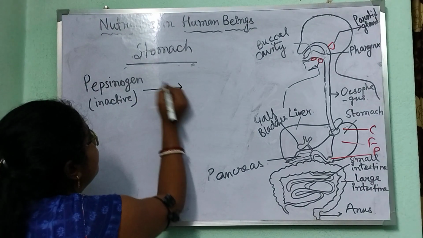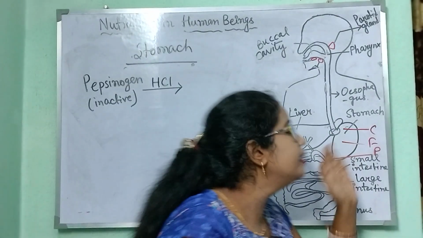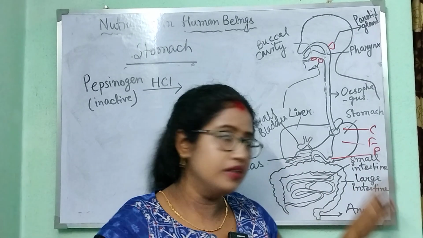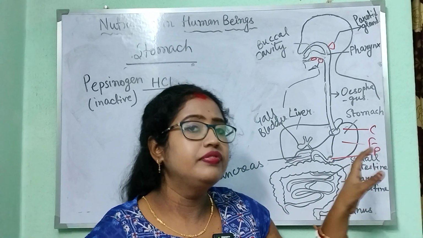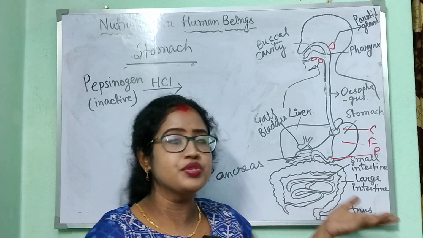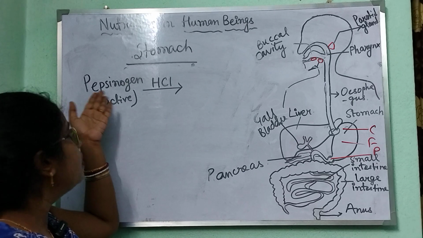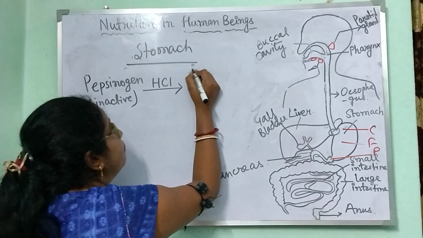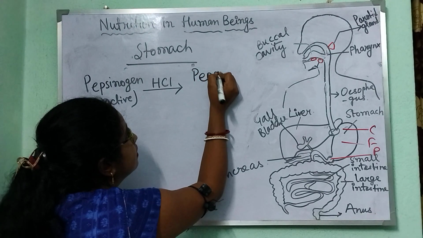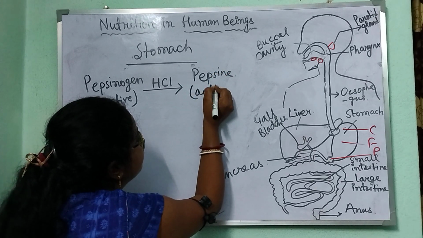So, when the food just enters the stomach, after that the HCl is secreted, and HCl helps to activate the inactive pepsinogen to pepsin. Pepsin is the active form.